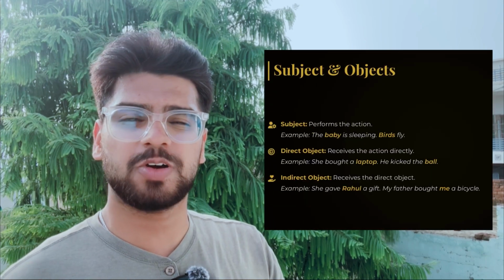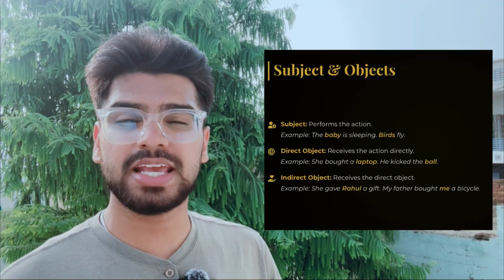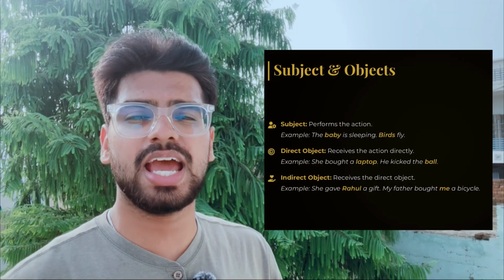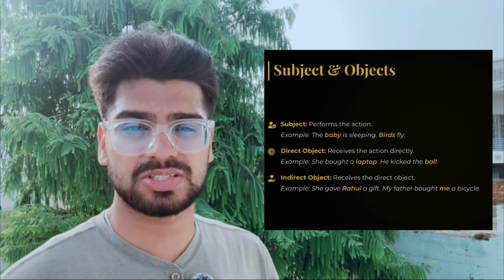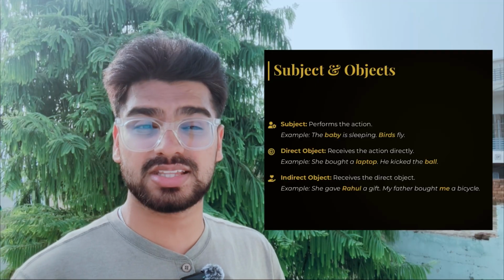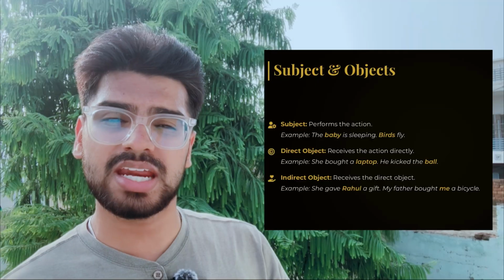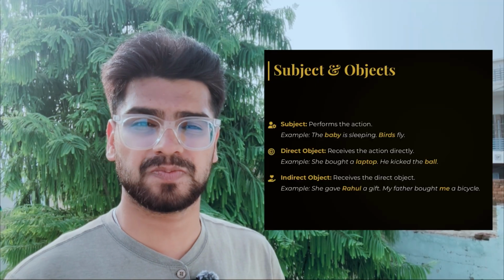The subject performs the action. For example, the baby is sleeping. In this sentence, baby is the noun. It performs the action. More examples. The teacher explained the lesson. Birds fly. The train arrived. My mother cooks delicious food.